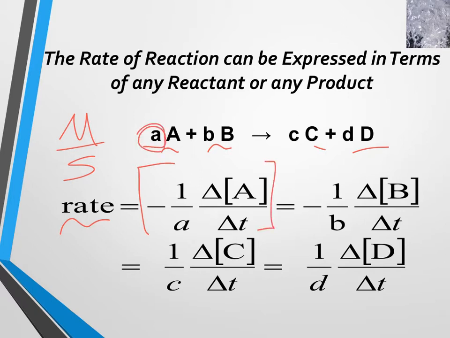It's whatever the coefficient in the balanced reaction is, it's the 1 over that, times the change in the concentration over change in time. Now, remember that reactants are disappearing, growing smaller, so they have negatives, and the products have positives. They're increasing over time.